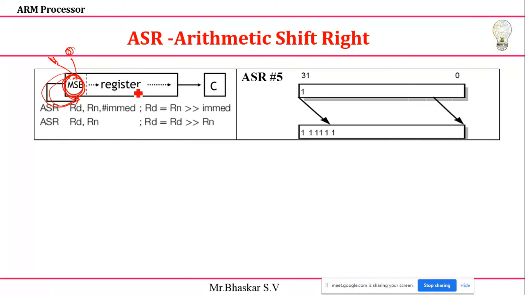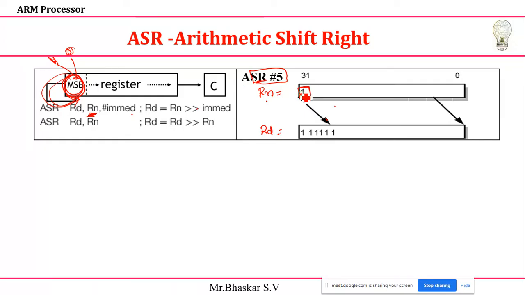For example, you can see in this diagram, you have an MSB bit of a source register. This is my RN, right now the source register, and this is my RT, what I'm going to take. In this RN, suppose my MSB bit is 1. After shifting, how many bits are we telling? Shift right of 5 bits, same process. I need to shift to the right side, but it will see my MSB value.